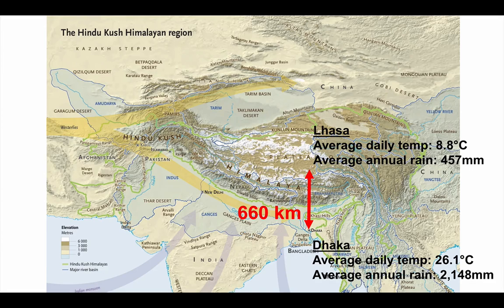Yet there is a major difference in the climate of these two places. Dhaka has an average daily temperature of over 26 degrees, an average annual rainfall of comfortably over 2 metres. Lhasa has an average daily temperature of only 8.8 degrees, with average annual rainfall of less than half a metre.